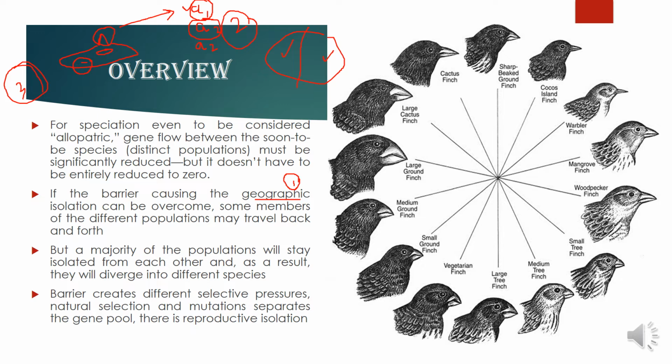Now, what are the barriers? Pre-zygotic barriers are those barriers that occur before fertilization, that prevent the mating, which means that there can be an altered phenotypic cycle.